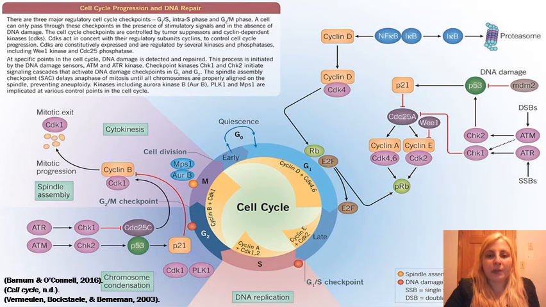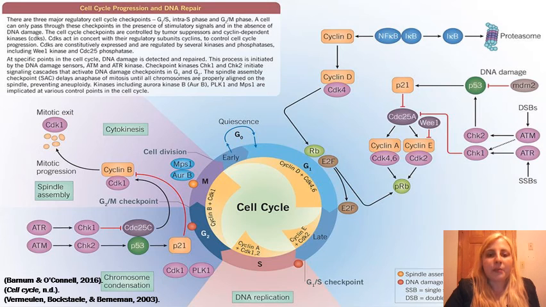Furthermore, another checkpoint is present within mitosis. This checkpoint is represented by the orange circle within the purple M phase of mitosis. Known as the spindle assembly checkpoint, or SAC, this point in the cycle halts the activity of mitosis if the spindles are not aligned properly in metaphase.